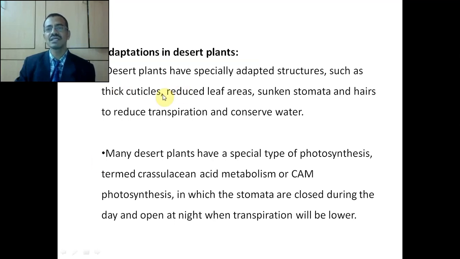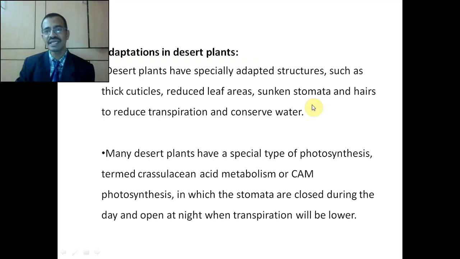And in some of the plants like asparagus, leaves are modified as scales. And also we observe the sunken stomata. This is one of the major features of the xerophytes. Stomata are restricted to the lower epidermis of the leaves and these stomata are in the form of sunken stomata.